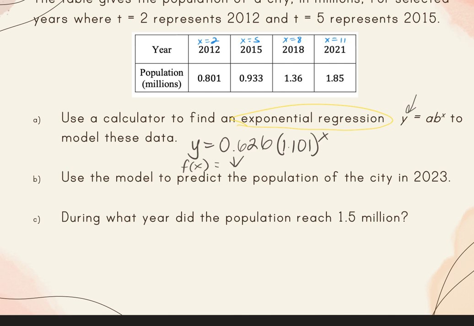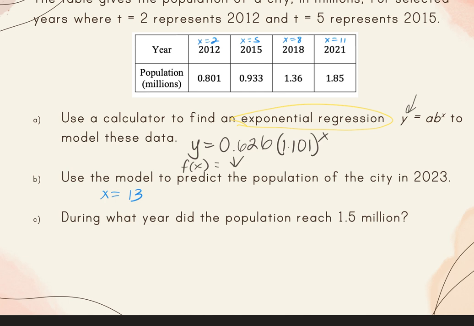Now, B says use the model to predict the population of the city in 2023. So if it's 2023, what's your x value? 13. So you have two options, right? We can either graph it, we could go to second calc and go to the value, or we can go to our main screen and we can type in the Y1 and do 13.